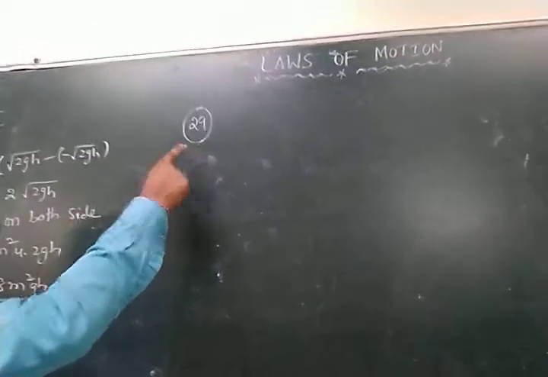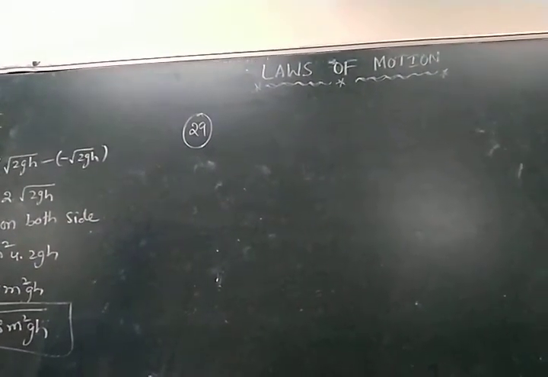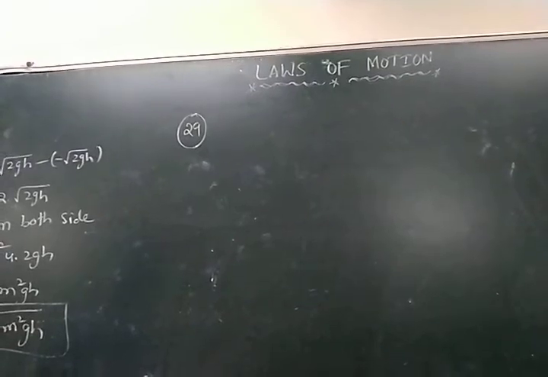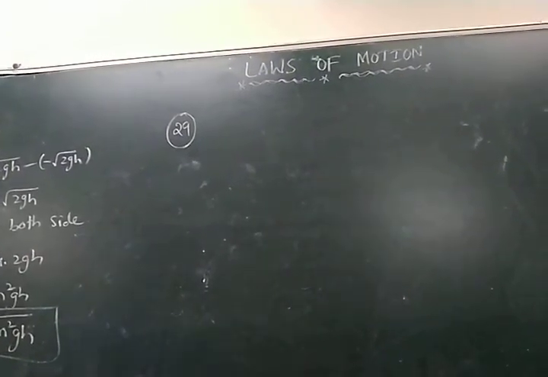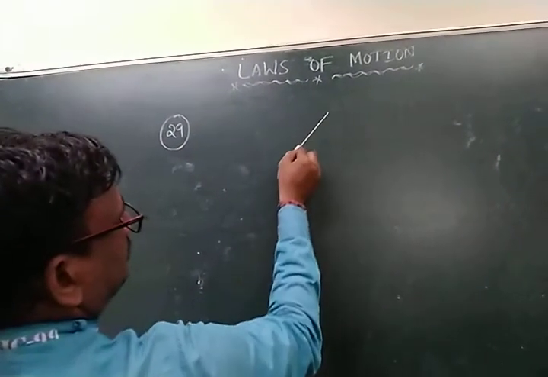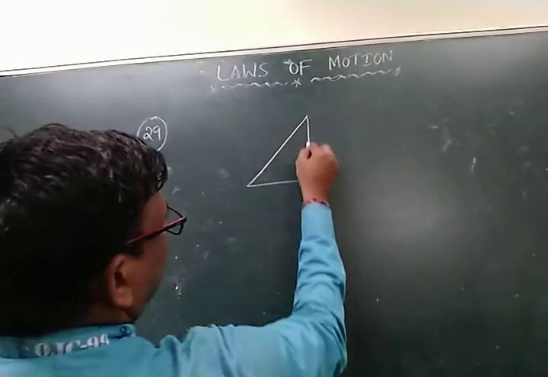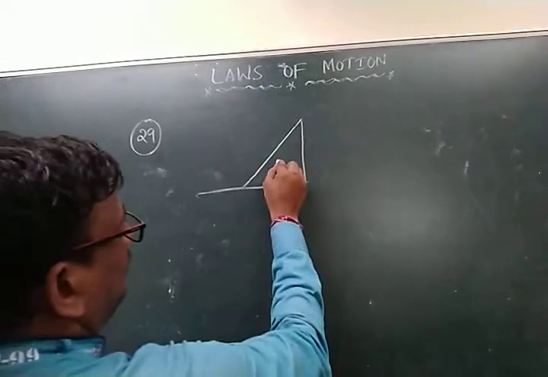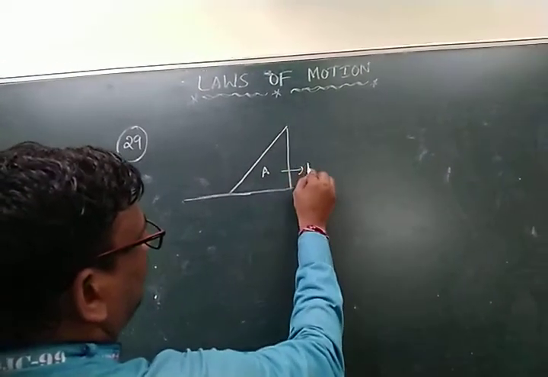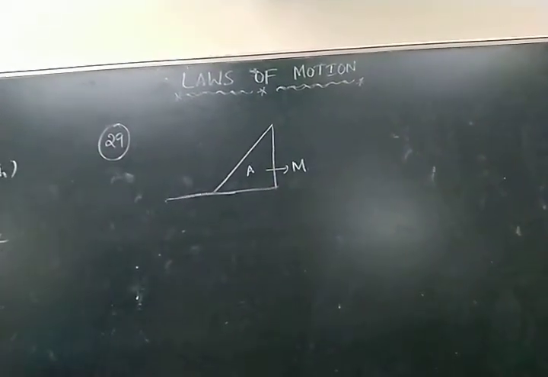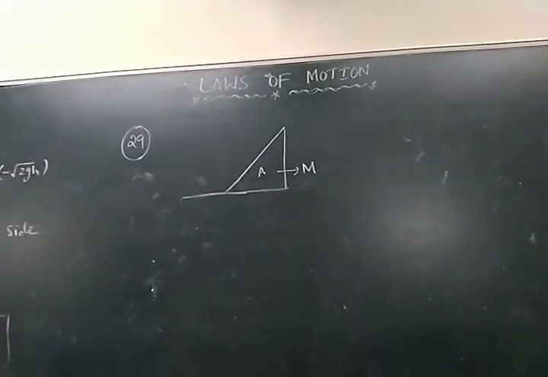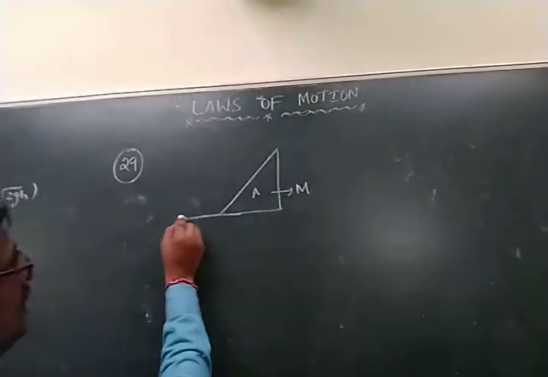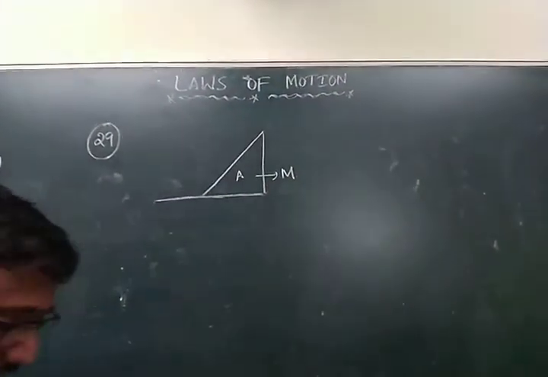So next, question number 29. A wedge shaped block A, of mass capital M, is at rest on a smooth horizontal surface.